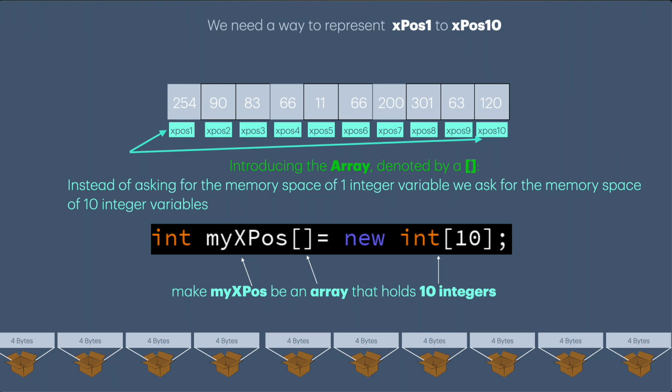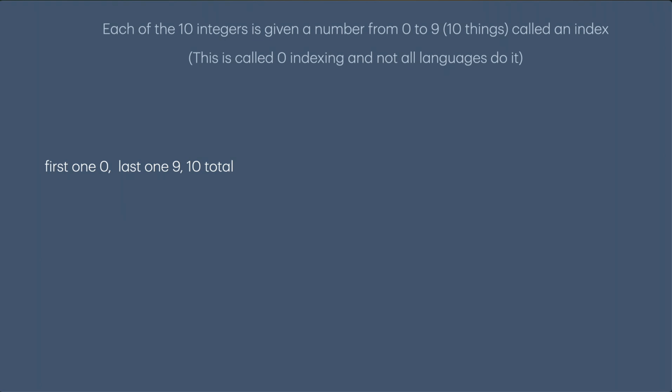So we say new int 10, and that means it's going to hold 10 different integers. We can think of this as my x position holding 10 boxes in memory. In this case, my x position would have 40 bytes in memory.